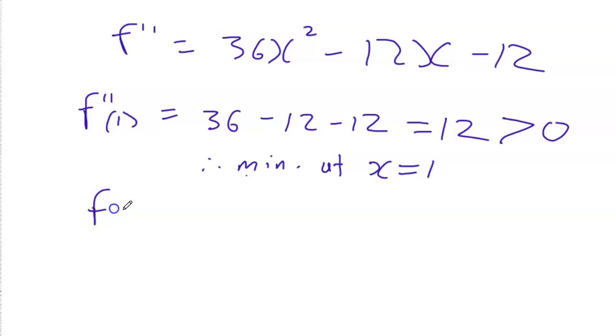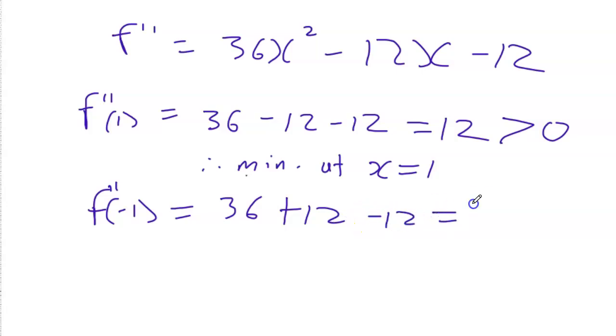Let's try when x is negative 1. Again, it's 36, negative 12 times negative 1, that's positive 12, minus 12, so that's 36, which is greater than 0. So, therefore, minimum at x equals minus 1.